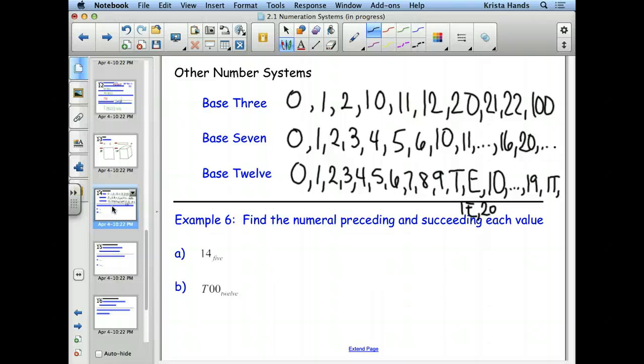So what would come before? This is base 5. I know it's awfully tiny here. This says 1, 4, base 5. What would come before 1, 4? 1, 3. The preceding number would be 1, 3. And you need to write down next to it that it's a subscript 5. That's what identifies which base system you're in.